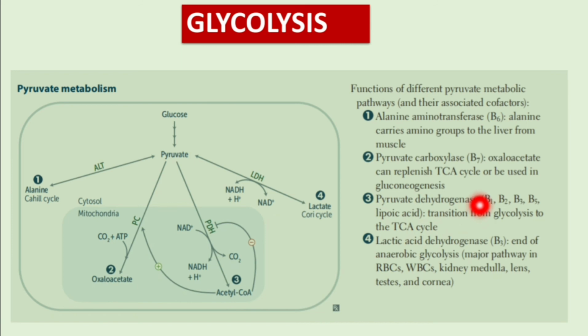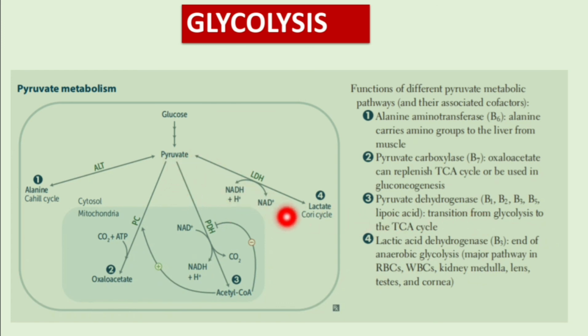Coenzymes is coenzyme A, which is from vitamin B5. F is riboflavin, that's vitamin B2. NEDs is vitamin B3, that's niacin. So this one is actually a transition from glycolysis to the tricarboxylic acid cycle, also known as the Krebs cycle.